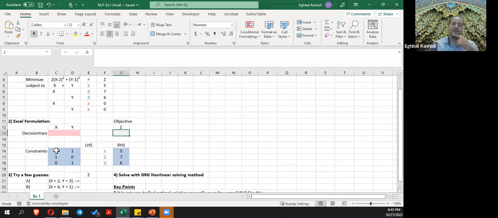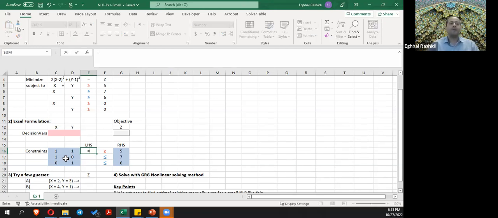So that means x plus y should be greater than 5. So that's 1 multiplied by x plus 1 multiplied by y should be greater than 5. So here we're going to write the left-hand side. That's x plus y using this kind of matrix here. So this is what I'm going to do.